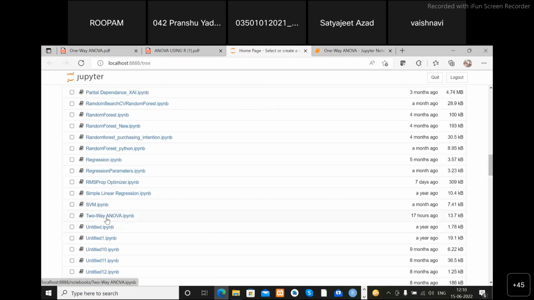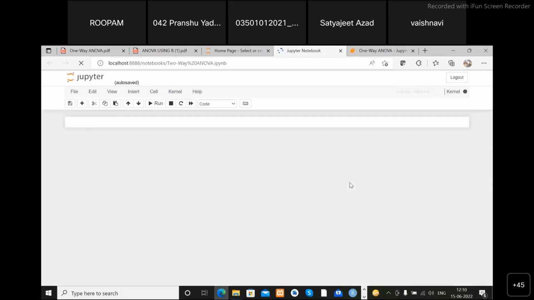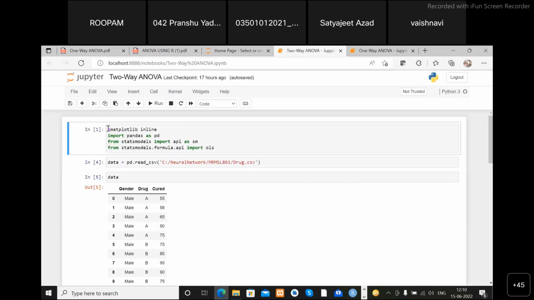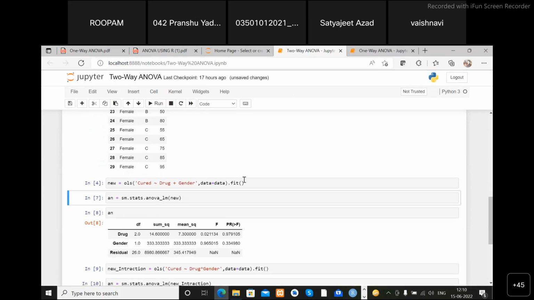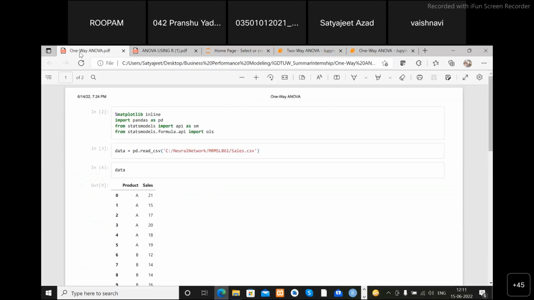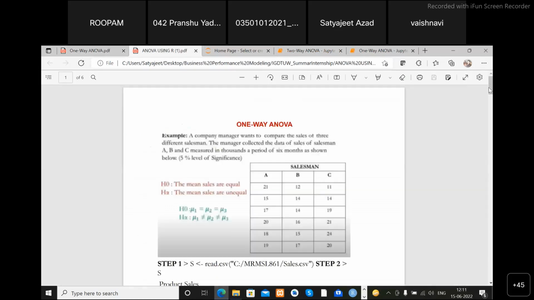For two-way ANOVA, the same command you are going to run, a similar command, but there is one change. OLS we have to fit in the same way, but there is a change here. In two-way ANOVA, let's say this one is the dependent variable, cured. One minute, let me show you the data first.